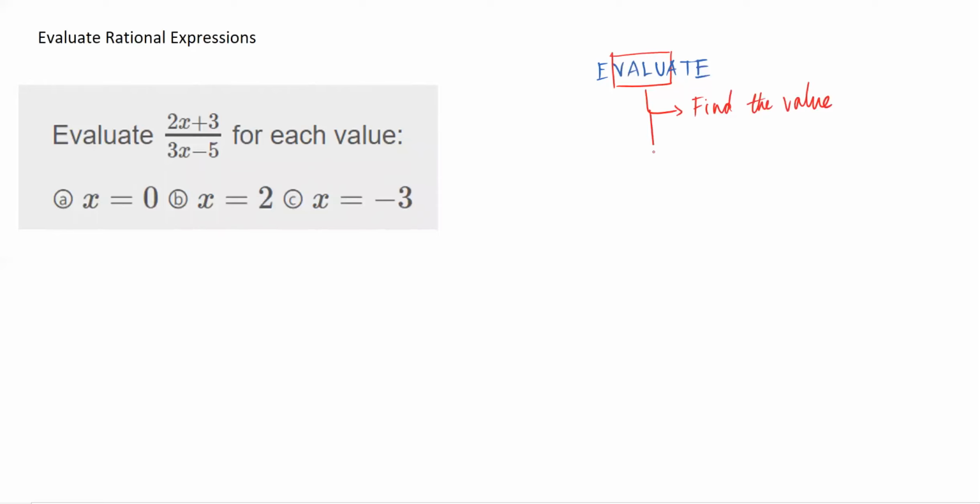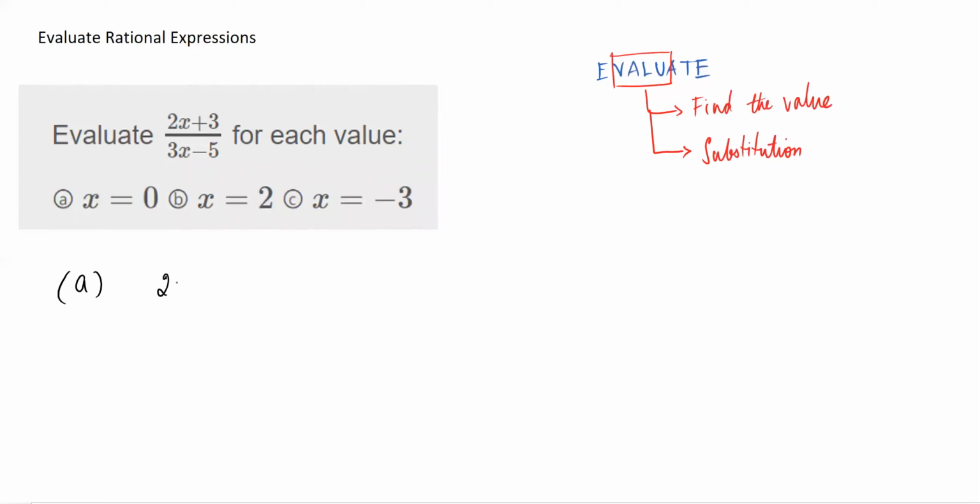To find the value, mostly we use substitution method. Okay? When you substitute for the given variables, then you are able to find the value, right? That's it. So evaluate, in this case, it's a rational expression, but we've always done evaluate, starting from chapter 2. So just remember the clue in the word itself to guide you on what to do.